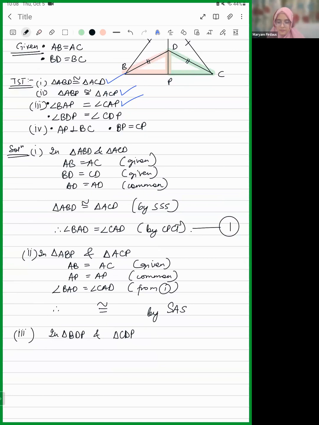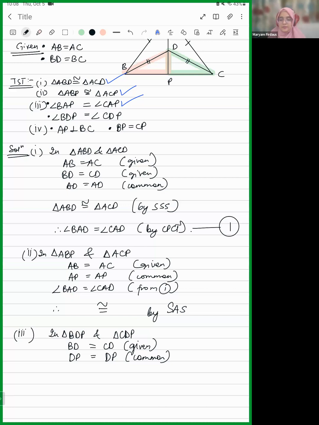BD equals CD. Reason? Given. Next. BP is common. DP equals DP, common. Then what else? Ma'am, is it given that BP is equal to CP?